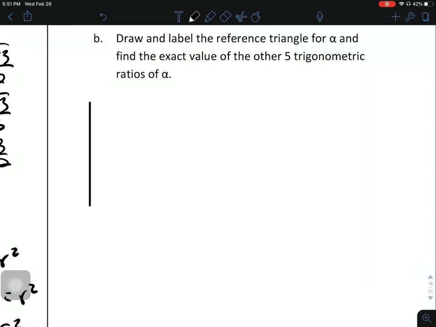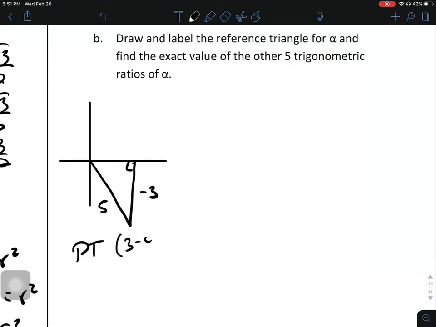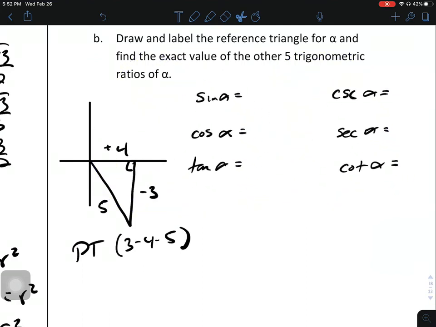Well, we concluded it was in quadrant 4. Sine of alpha was negative 3/5, therefore y is negative 3, r is 5. This is a Pythagorean triple, a 3, 4, 5. In quadrant 4, x is positive. Let's do this.